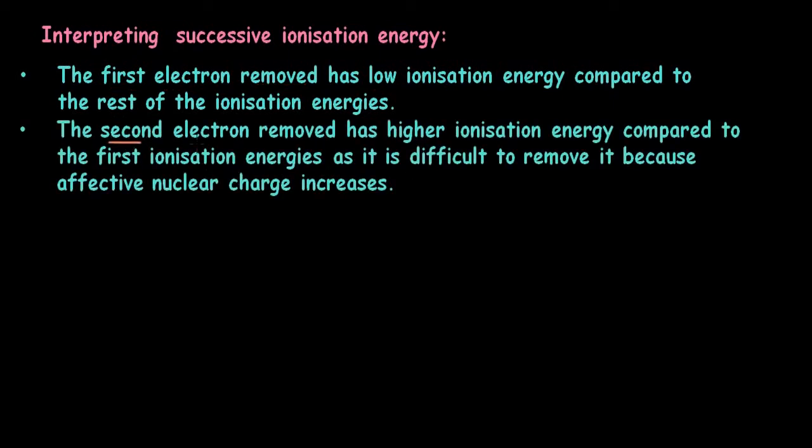So the second electron which is removed has a higher ionization energy compared to the first, because it is difficult to remove the second electron because of the increased effective nuclear charge.